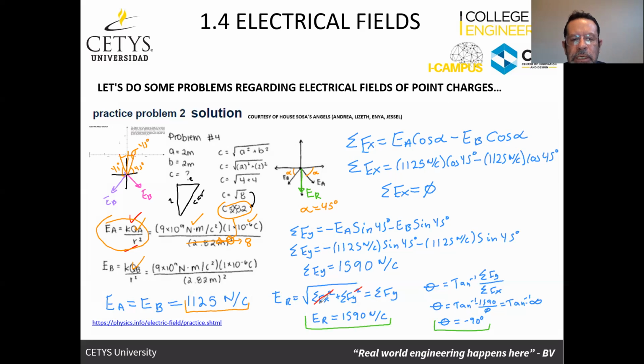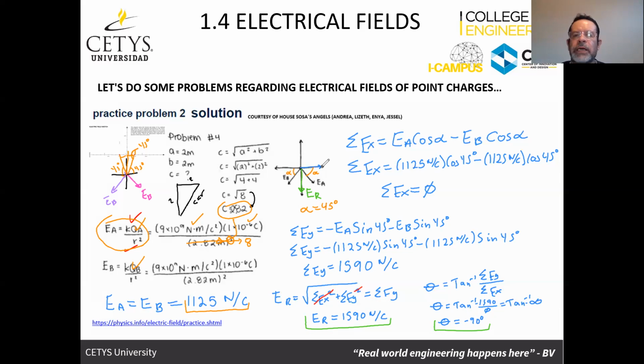We need to calculate the total electrical fields in X and in Y. So we calculate the electrical field in X. What is that going to be? It's going to be the component of EA that is in X, which is this one. And that's going to be EA multiplied by the cosine of the angle. Always the cosine of the angle, if it's with regards to X, is going to give me the X component.